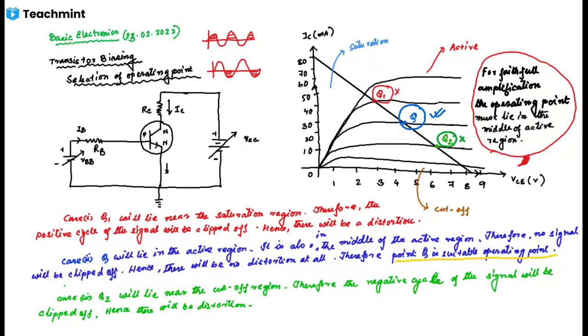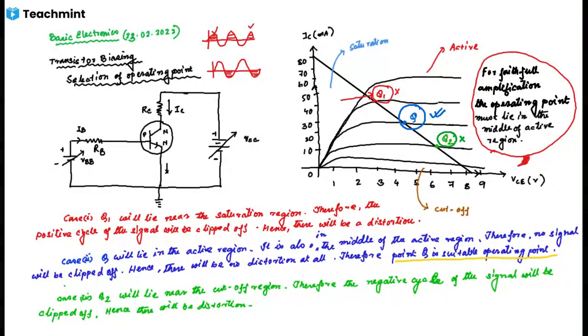That means there will not be these cycles. Only this portion will be there for amplification. That means when I give the input signal, it can be an AC signal, it can be a sinusoidal signal. So if the sinusoidal or the AC signal is given for the Q1 point, that means if I take this point that is closer to the saturation, the positive cycles, that means these will be clipped off.